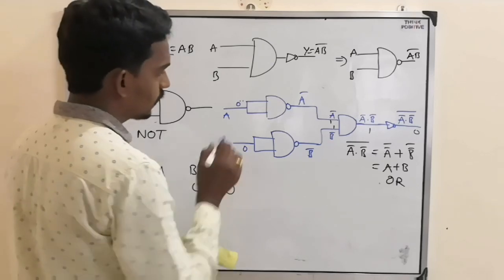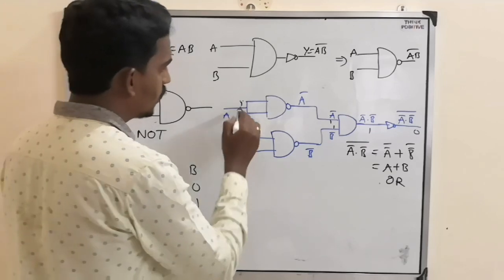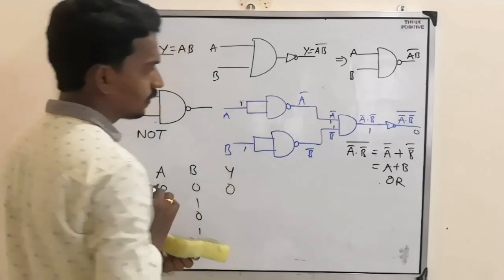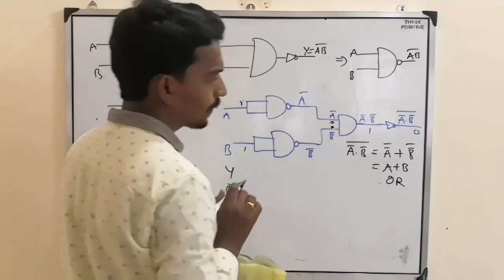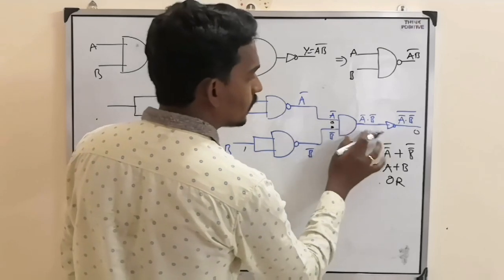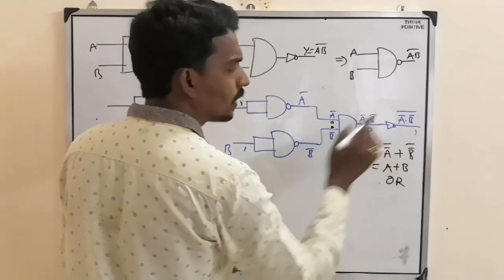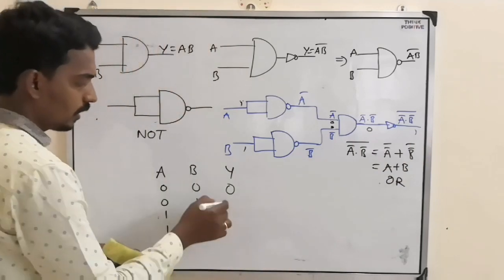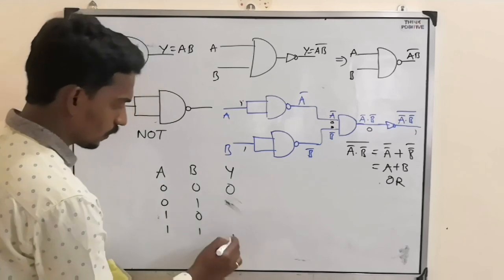Now, you give 1, 1. So here 1, now here 1. So 1, 1 will become 0, 0. Then 0, 0 to the AND gate, here also 0. So then here it will become 1 because 0 will become 1. Then here the output is 1.